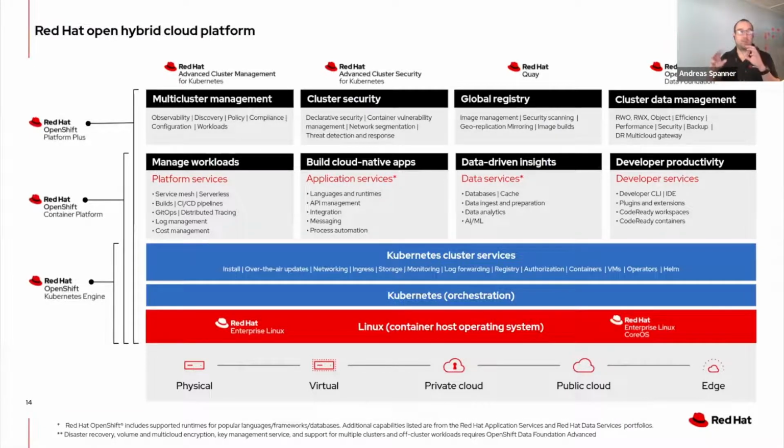And then just to wrap it up a bit, I just want to show you the different components. At the very bottom, we have the Linux container host operating system. This is important because security and enterprise readiness really starts at the bottom layer. That's why you need things like SELinux, cgroups, and namespaces that make sure that no hacker can go into your Kubernetes cluster and have access to all the containers in there.